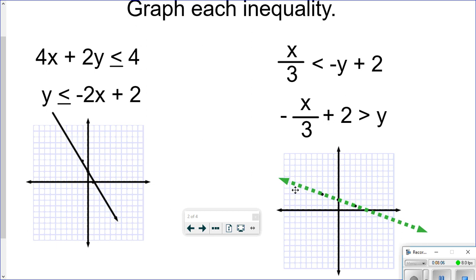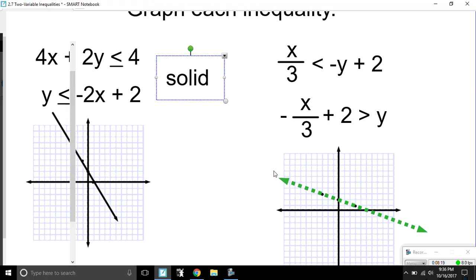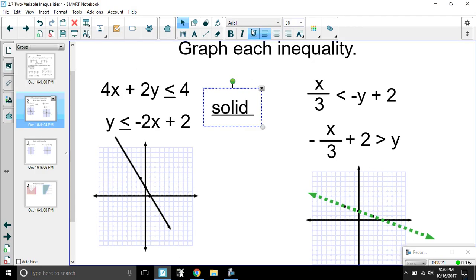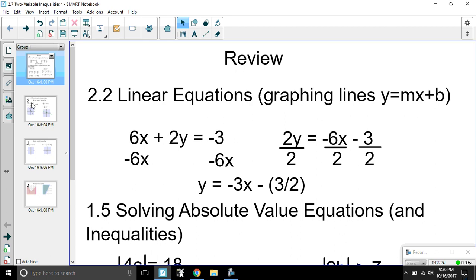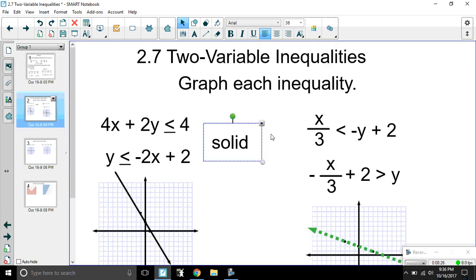So that is one thing you're going to need to write down, is that it is solid when it's less than and equal to or greater than and equal to. Like I said, it's a little shaky since I don't have my smartboard.